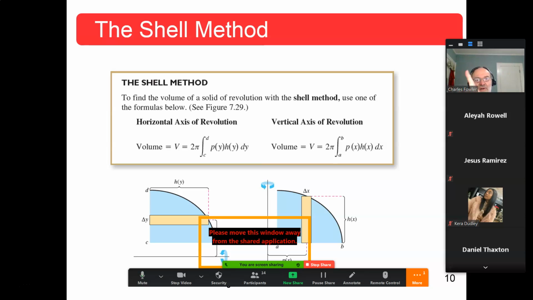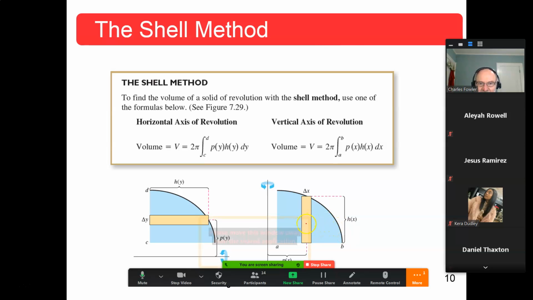But for a vertical axis of revolution, you need to take a dx all the way around there, and then get your radius function and your height function as a function of x, not of y. So they like to use a to b to be your x's. So if you had the same shape here, and you're revolving this around the x-axis or something parallel to the x-axis, then you take a dy, and then you get your h as a function of y, your radius as a function of y, and of course your dy is a y.